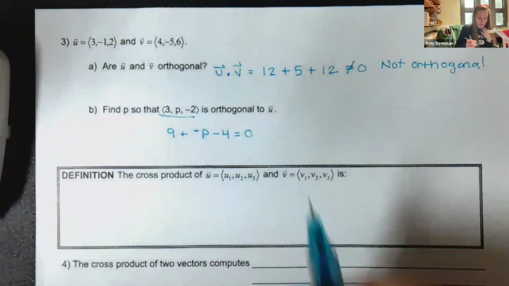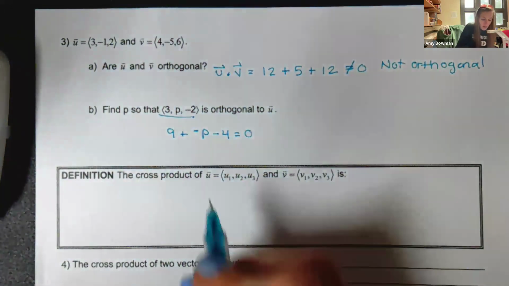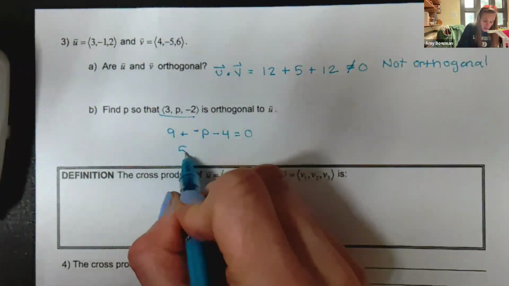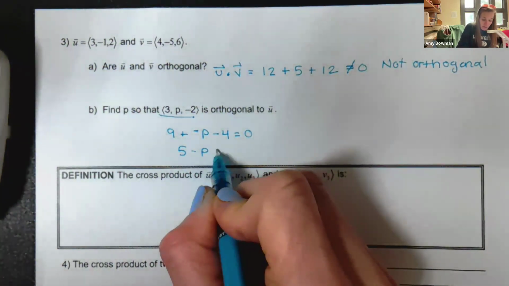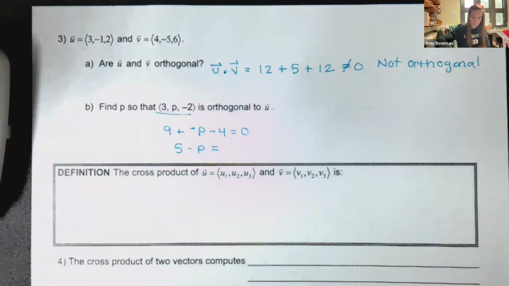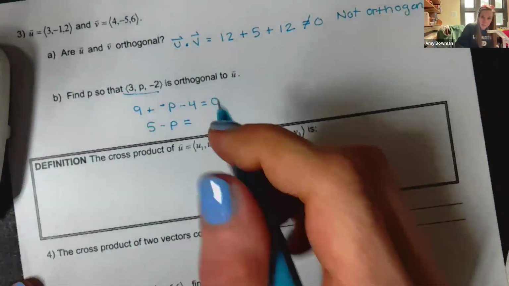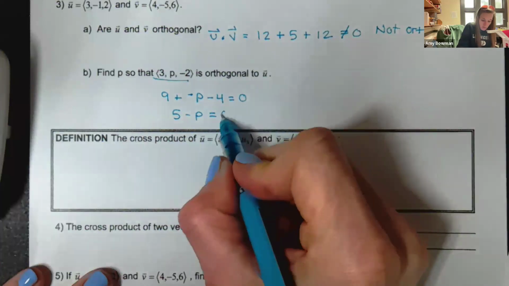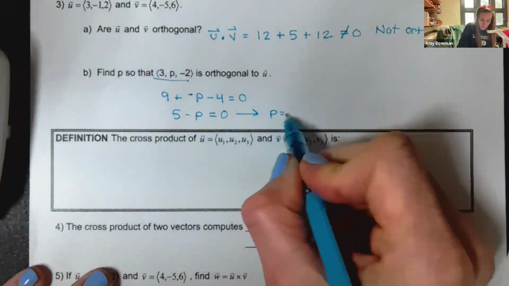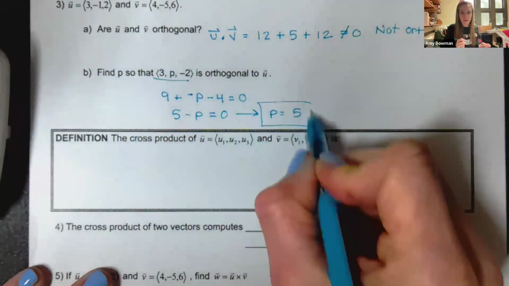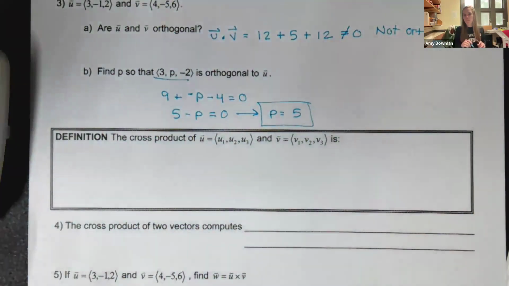So we would want that to equal 0. When we combine like terms, we've got 5 minus p equals 0, which means p would have to equal 5 in order for those two vectors to be orthogonal.